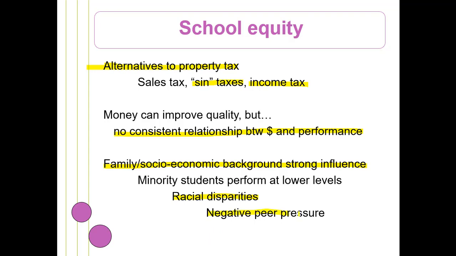And then something that's hard to get a hold of is that, particularly with certain groups, there's still negative peer pressure as to the value of education, so that might discourage students from focusing on studying and learning.